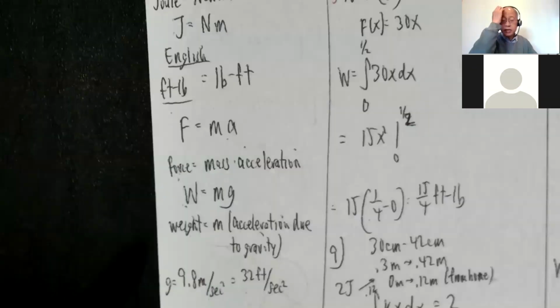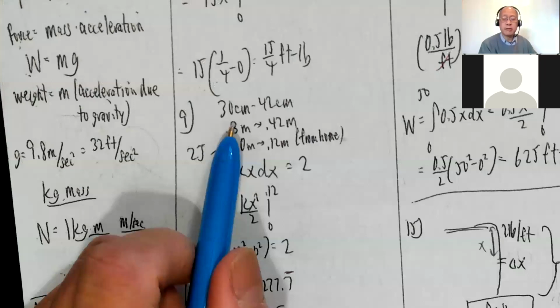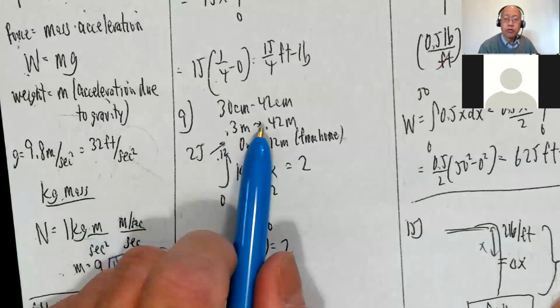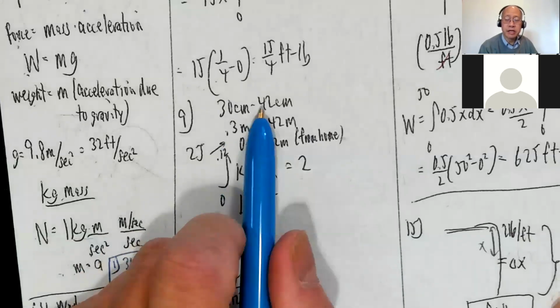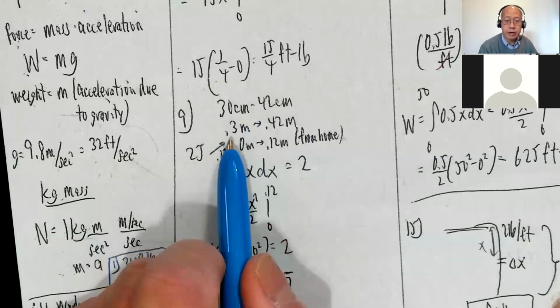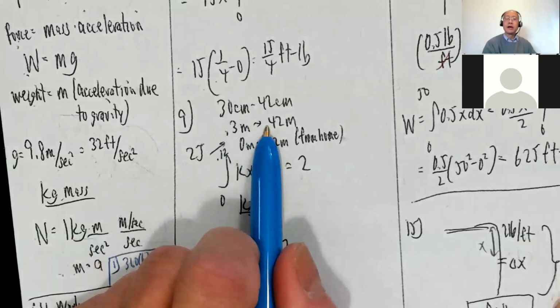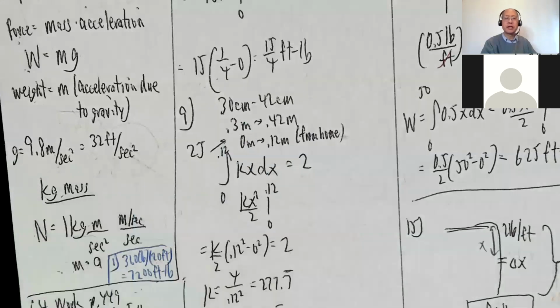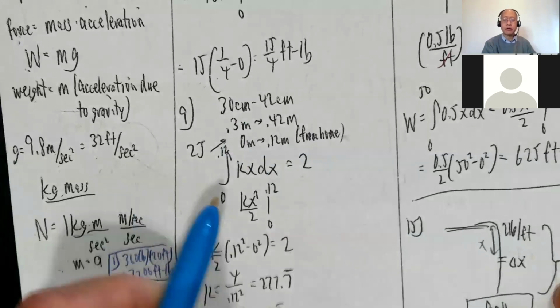Right, so summarizing, 30 centimeters to 42 centimeters. In meters, it's 0.3 to 0.42. 100 centimeters makes a meter, which means I divide each of these by 100, 0.3 meters to 0.42 meters. Okay, now they tell me it's 2 joules of work. So 2 is the answer to the integral, if I integrate the force.